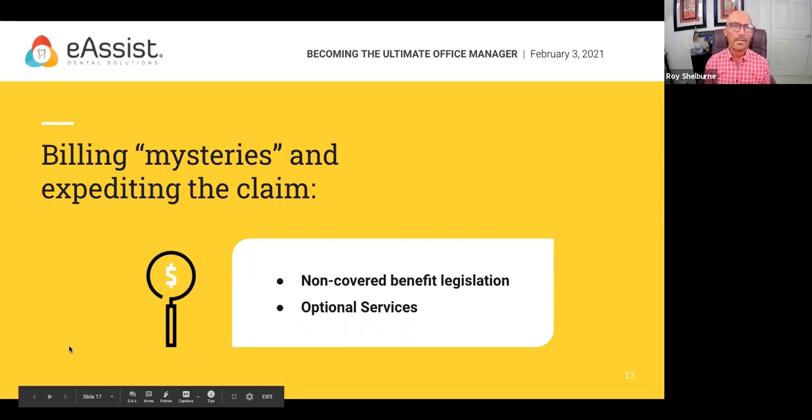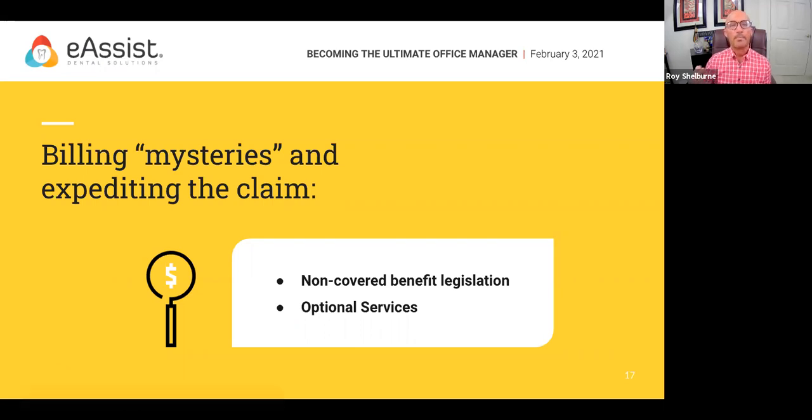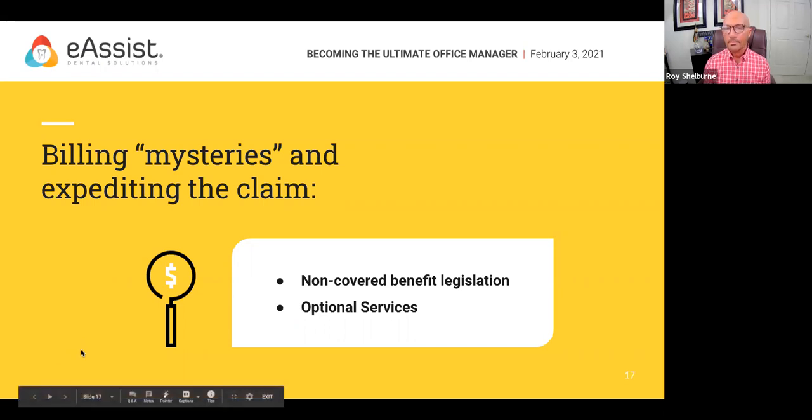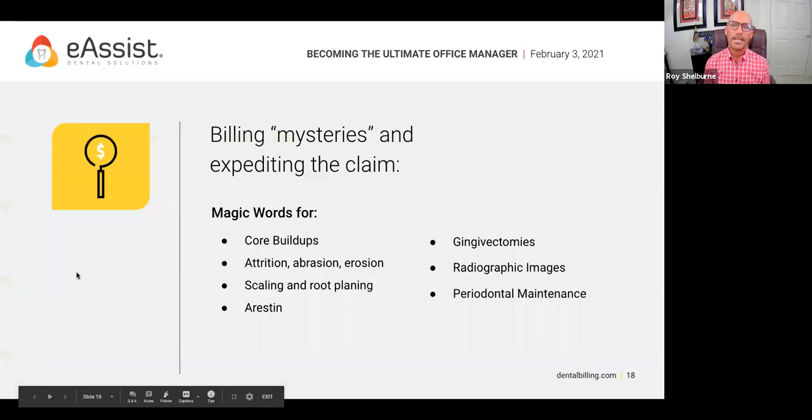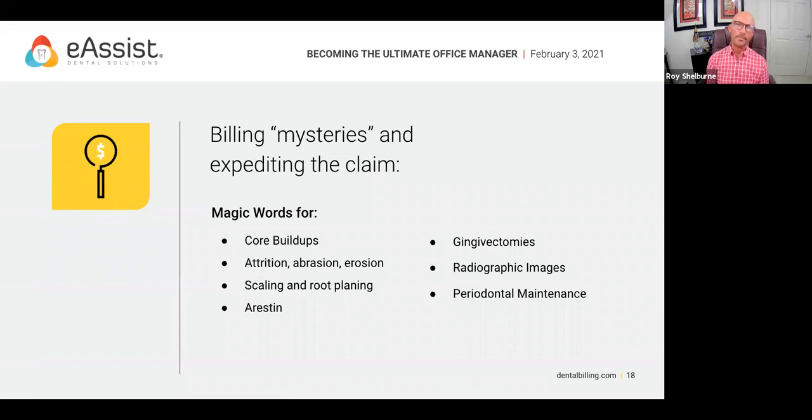Insurance companies recognize that as an agreement between you and the patient. They'll pay for the optional upgraded service, and you can charge the patient the difference, so you're not limited to the PPO fee in instances where that can be invoked. So a little mystery that probably takes a little bit more deeper explanation, but I think it will give you an idea that there are ways to work with the system to maximize your legitimate reimbursement.